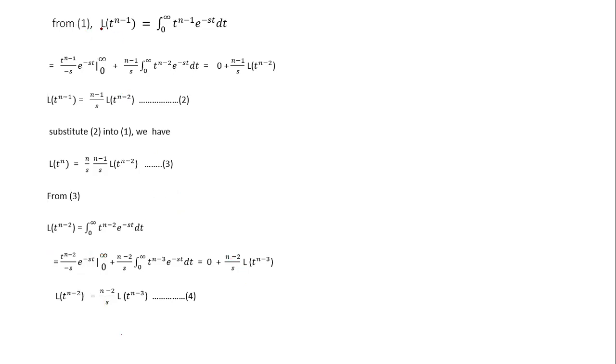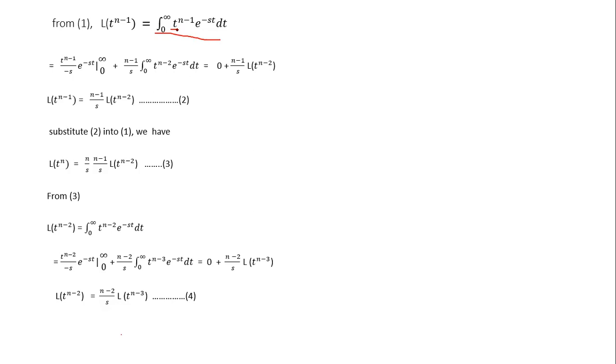So we are now going to transform Laplace of t power n minus 1 also. And that will give us this as usual. It was this form that we transformed back. So this also becomes the same as integration by parts, t power n minus 1 multiplied by exponential negative st dt.